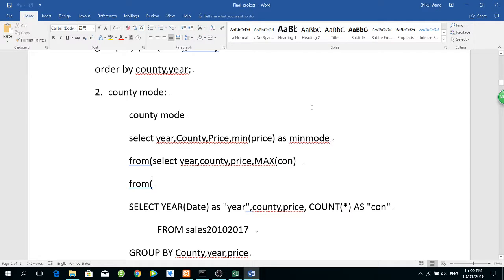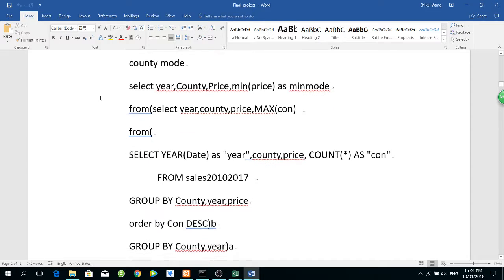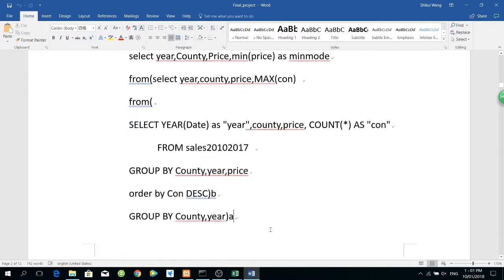Maybe you have two figures that have the same count at the same time, so we just pick the smaller one. So that's the query over here.